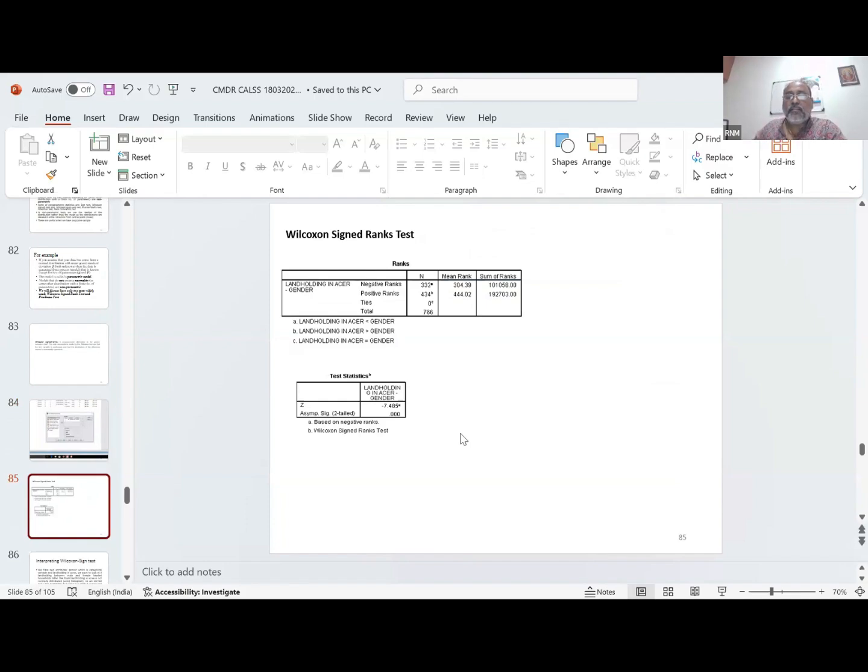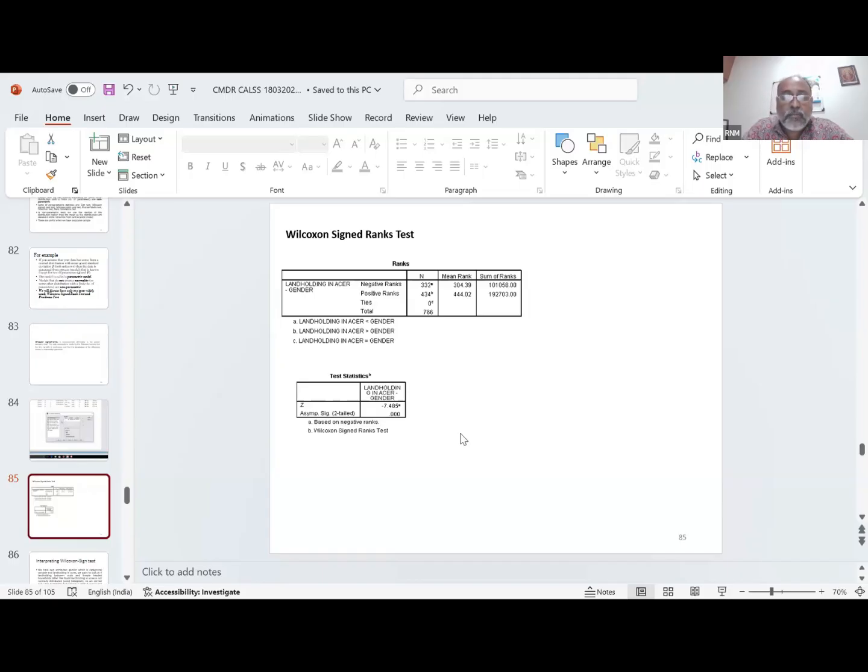Across these two groups, male and female, it has land holding status in acres. Remember, here we are not comparing two categorical variables. If you do, it will not be possible; it will not give any result, or give results which are erroneous. This is a test which helps us compare an ordinal variable with a continuous variable.